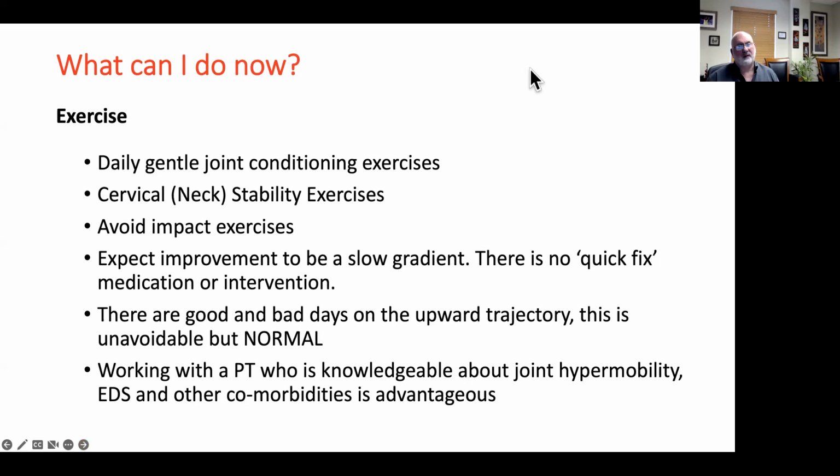So what are the things that we can do to try to help with this? Most people who have this disorder, the main thing they complain about is that their joints sublux, and they have a lot of muscle spasm and pain.